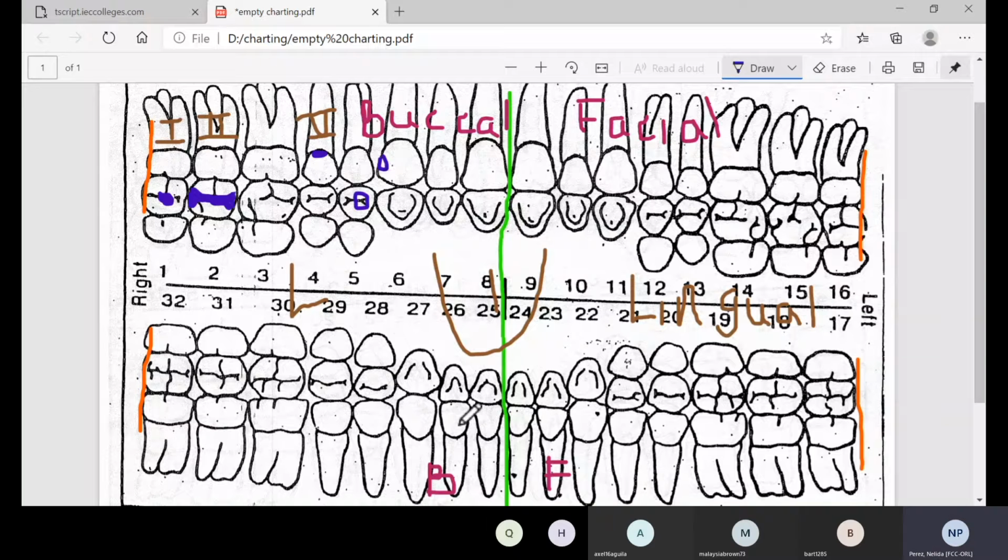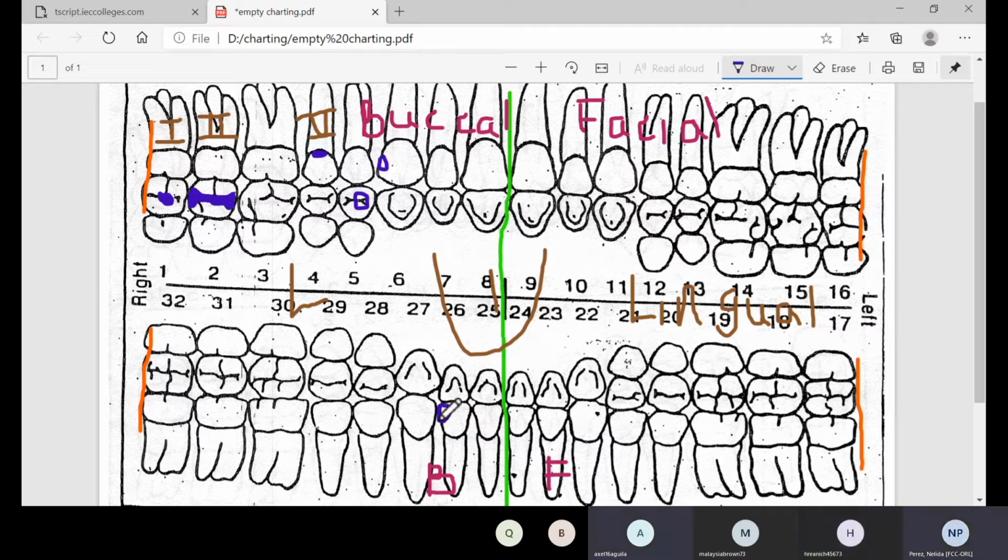And there's one that looks like this. So I'm going to come down here. So who thinks they know that one? Composite on the buccal. Not on the buccal.